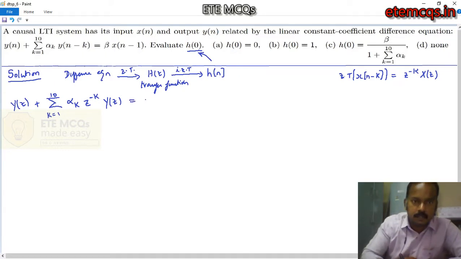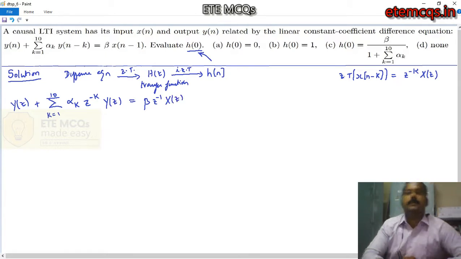This is equal to beta into, taking Z transform on x of n minus 1, z power minus 1 into X of z.